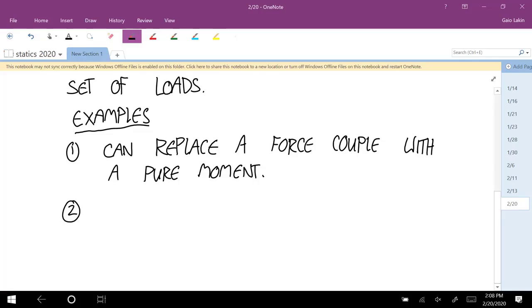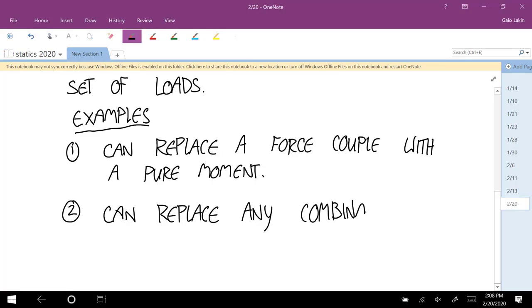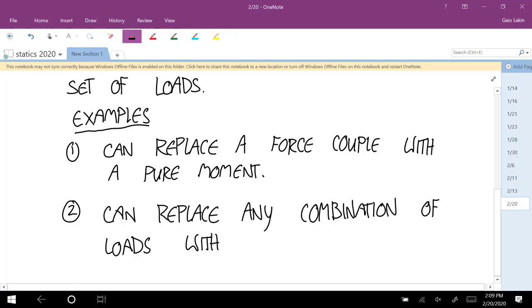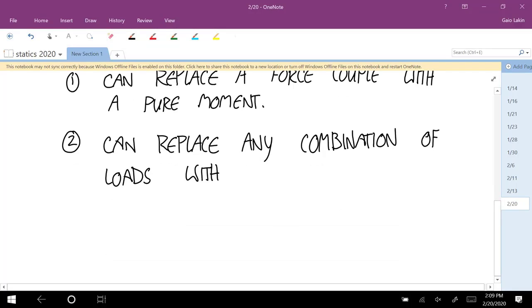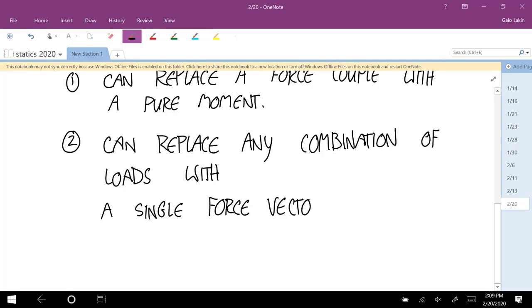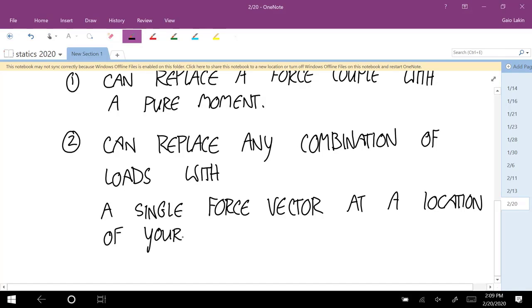You can replace any combination of loads with a single force vector at a location of your choice and a couple.